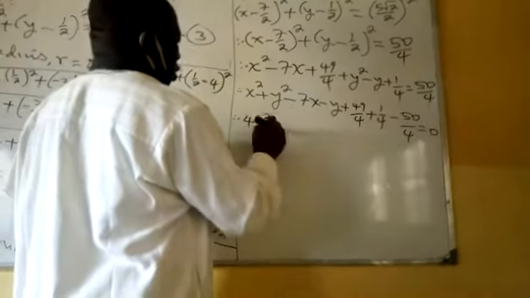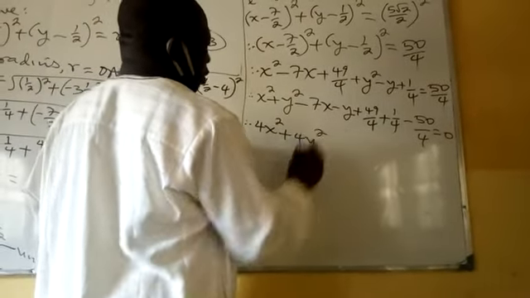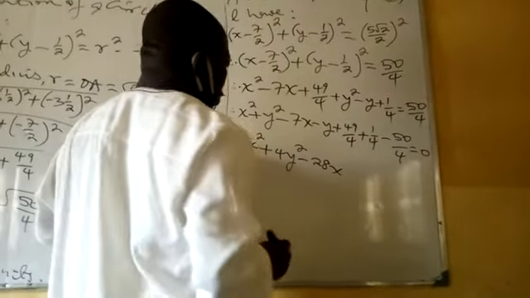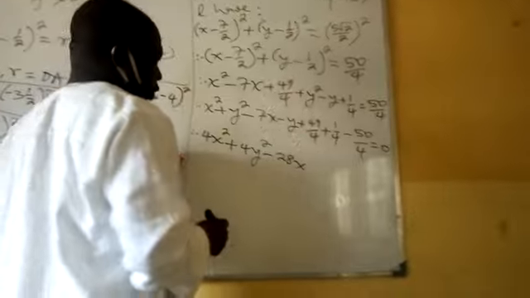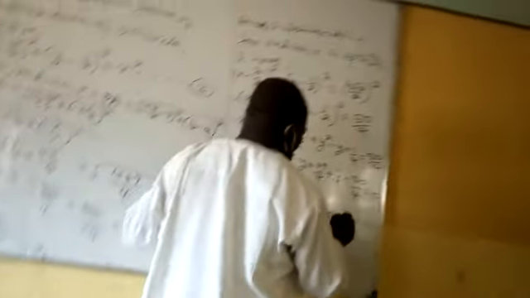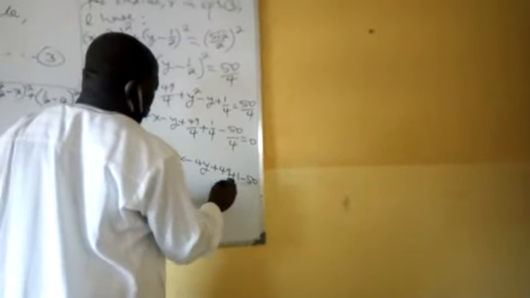So the next thing now is to multiply through by 4. Multiplying through by 4, I have 4x squared plus 4y squared minus 28x, minus 7x times 4, that is minus 28x, minus 4y, plus 49 plus 1 minus 50 is equal to 0.